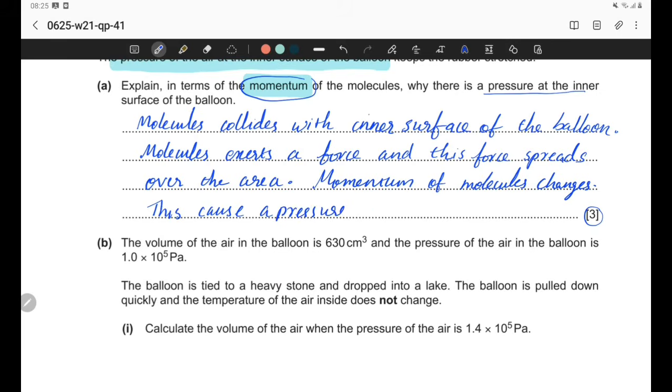As pressure is nothing but force over area, and we have seen there is a force exerted over an area, so definitely these molecules will exert a pressure on the wall of the balloon or any container.